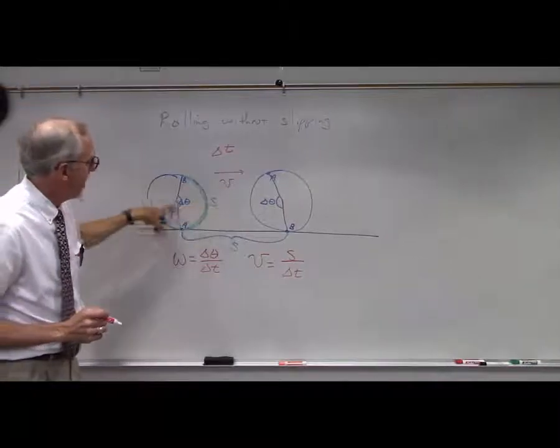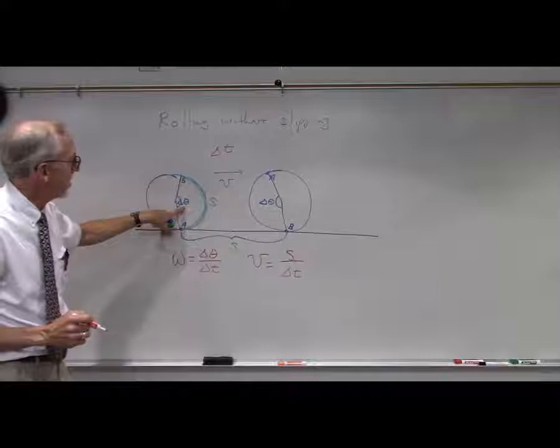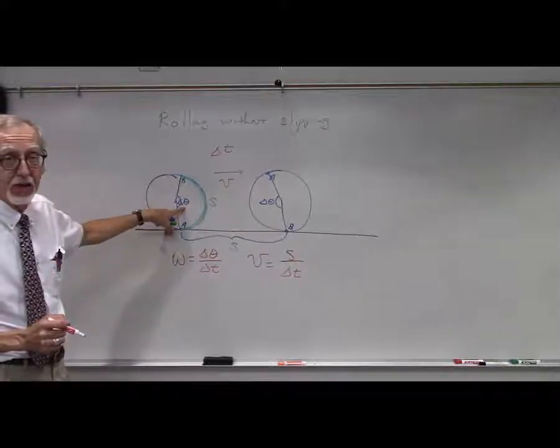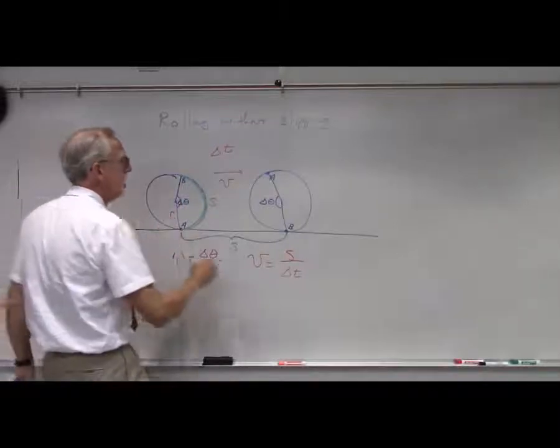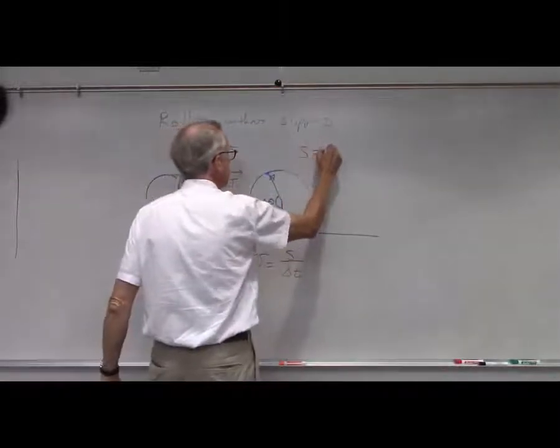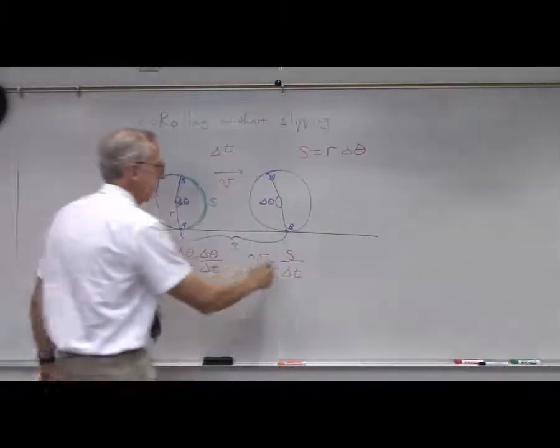What do we know? S is the arc length. And the arc length we know is related to the angle using the radius, r. So we know that s is equal to r delta theta. So I'm going to write this here.